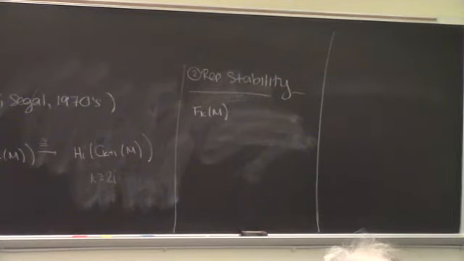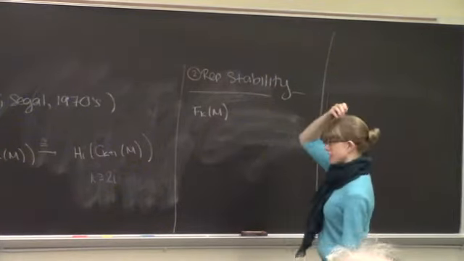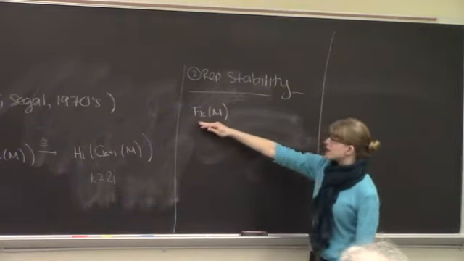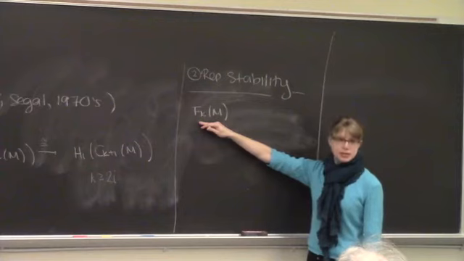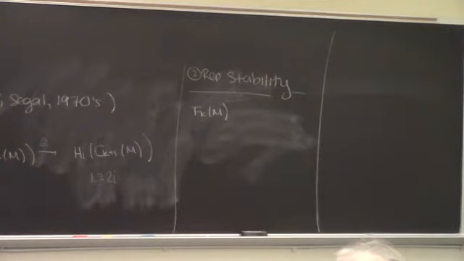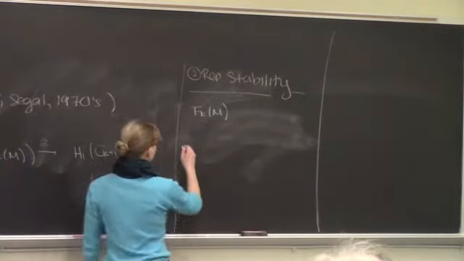So a question that we could ask, maybe a naive question, is, again, these ordered spaces give me a nice sequence of spaces. And again, we have this analogous stabilization map.